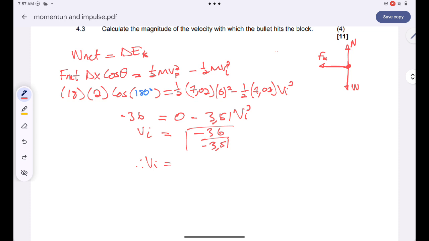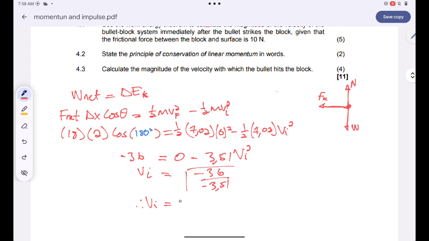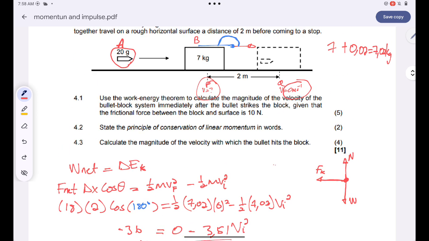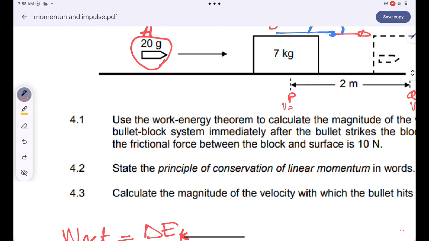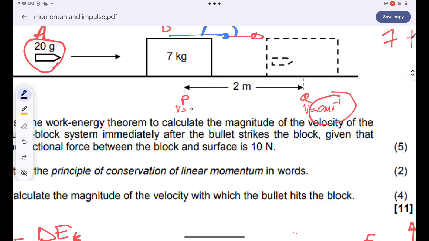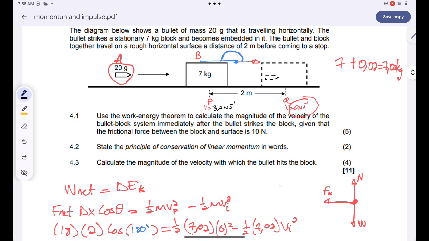The speed of the bullet block system, the magnitude of the velocity just after collision, will simply get to 3.2 meters per second. So now I do know that the velocity of the bullet block system immediately after collision was 3.2 meters per second to the right.